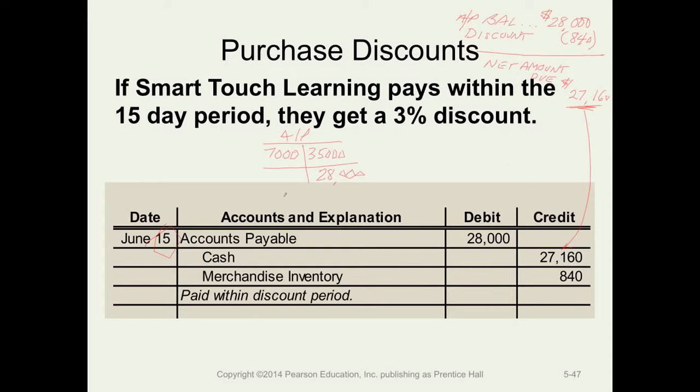The balance is $28,000. And now when we debit accounts payable for paying it off, it reduces the balance to 0. So accounts payable now goes to 0 as it is paid off. And of course, the discount reduces the cost of inventory by $840.